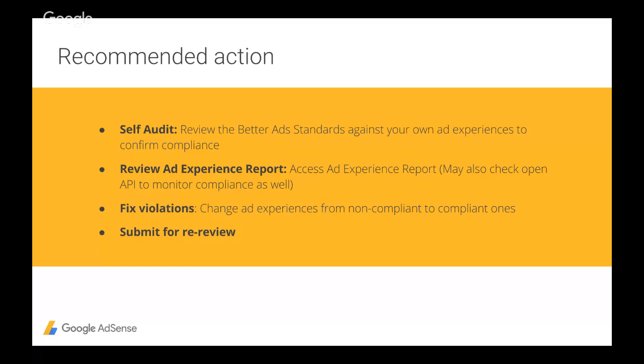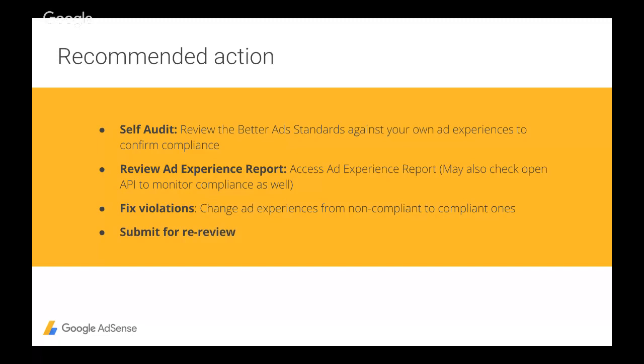Again, you can also review your ad experience report. You can check your status. You can also check the Open API, which is available on betterads.org, which will show all domains and their accompanying status as well. And then, of course, fix any violations. So if you do have warning or failing status, go ahead and fix those.